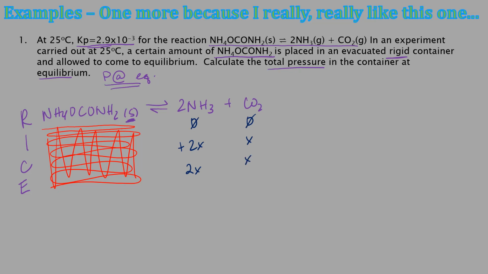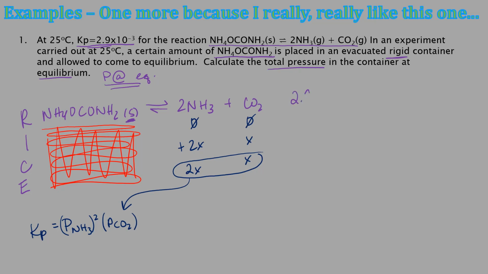And then my Kp expression is simply going to be the pressure of NH3 squared times the pressure of CO2. So if I take my equilibrium values and I plug them into here, I should be able to get my pressures for those two products. So that's my Kp value from right here.